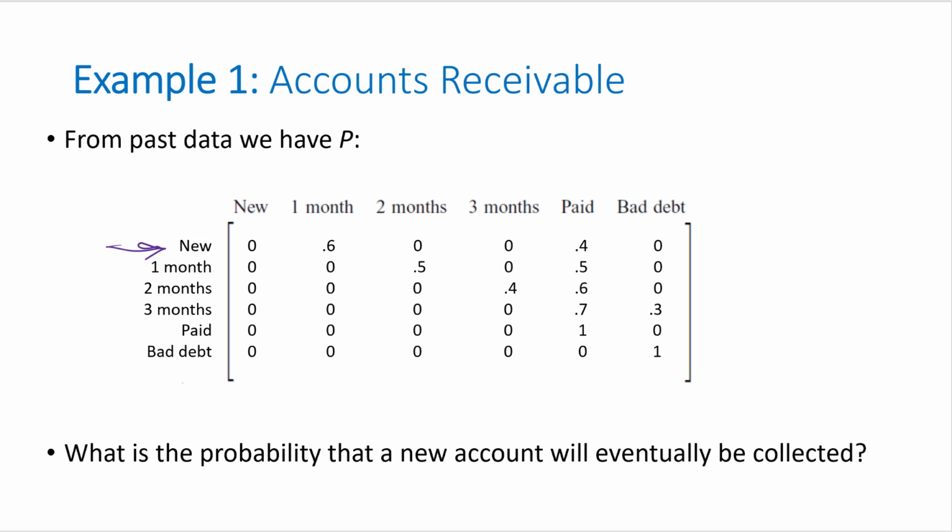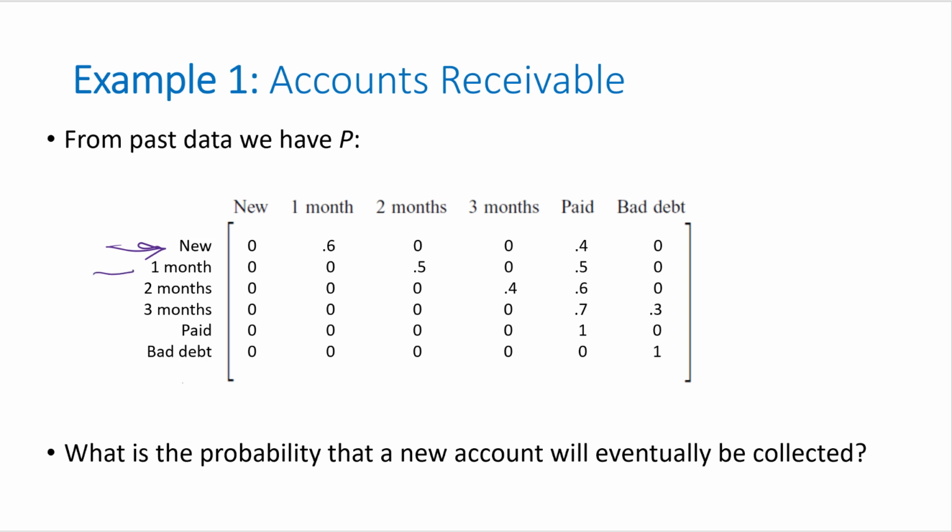And note that the probability of going from new account to 2 months in debt is 0, because the transition probability matrix is only about the probability of going from one state to the next in one step, and one step here means 1 month. You can't be 2 months overdue if you just opened the account. Next month you cannot be 2 months overdue. 2 months is 2 steps from now.